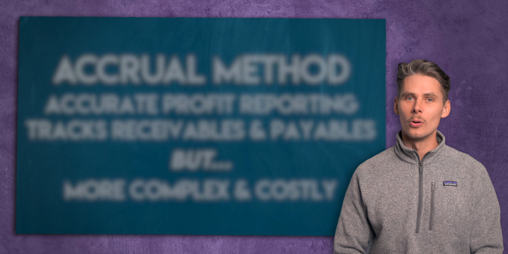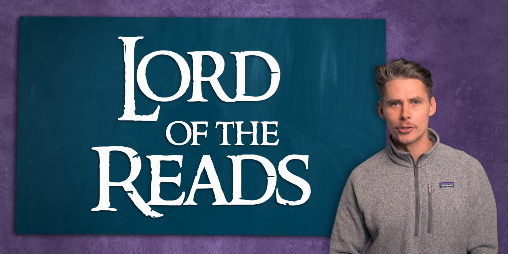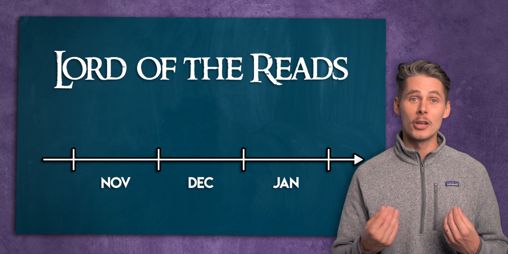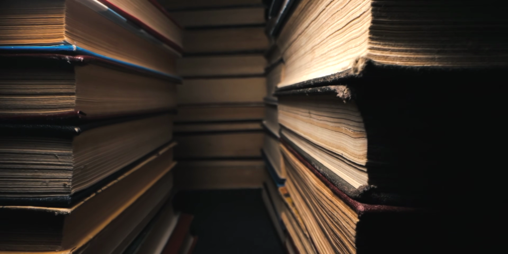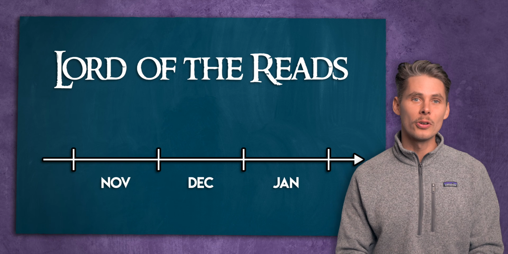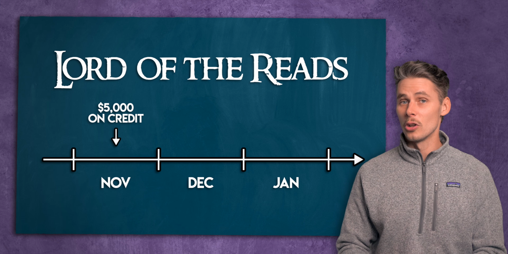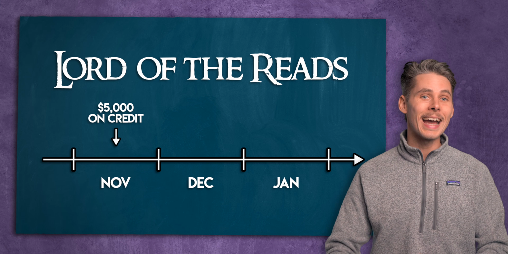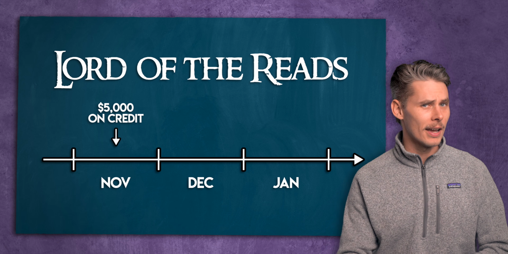Imagine you run a bookstore called Lord of the Reeds. It's November, the holiday season is coming up, and you want to make sure your shelves are fully stocked. So you place an order with your publisher for $5,000 worth of books on credit. The books arrive, but no cash changes hands yet.